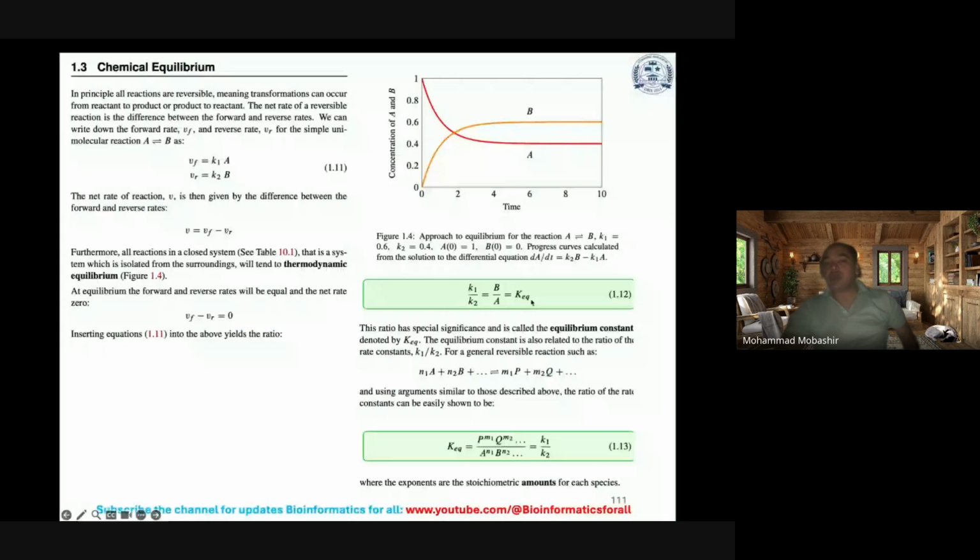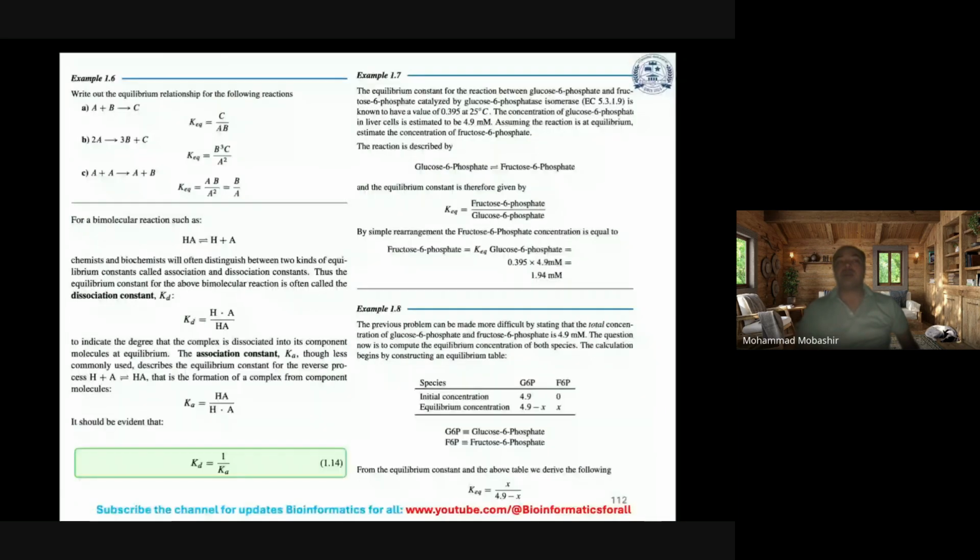So the equilibrium constant is also related to the ratio of the rate constants K1 upon K2. In general, you can simplify them according to your need. Now, you can also go through some examples of how to write the equilibrium constant.